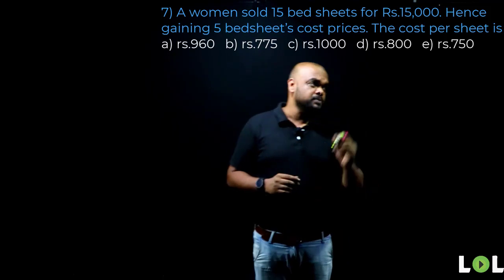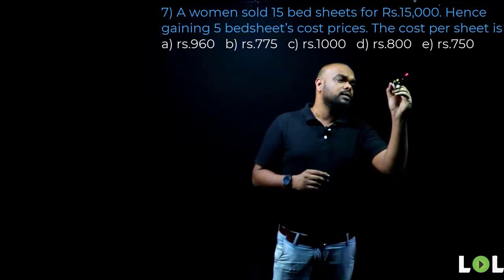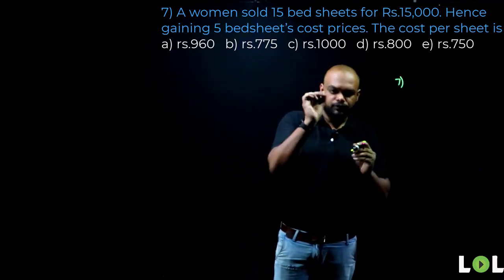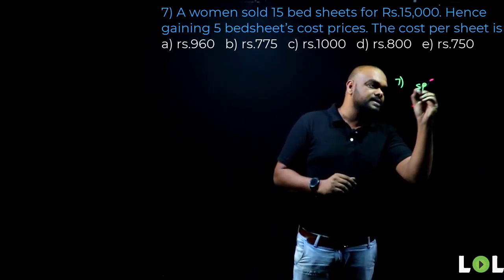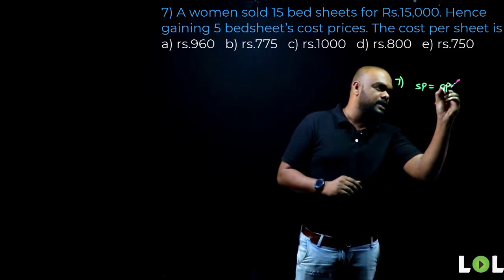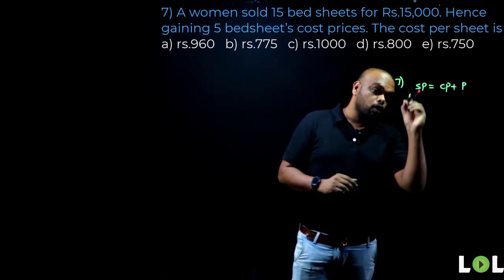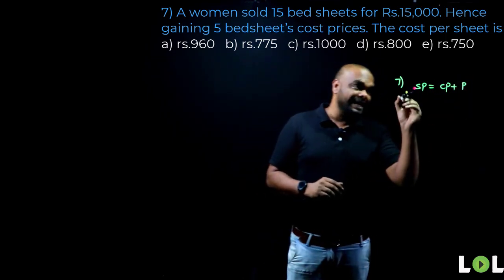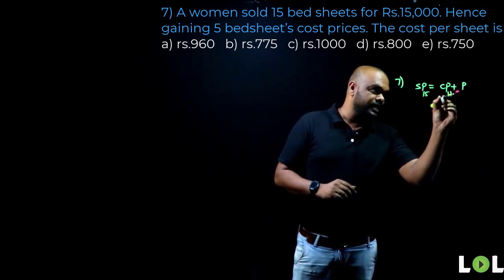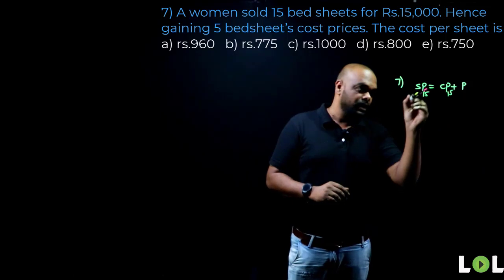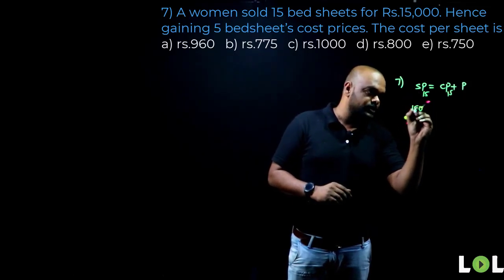Okay. Now observe. Look, a simple question but slightly confusing. Nothing much to worry. Observe. We know that selling price is equal to cost price plus profit. Now, according to this question, the selling price of 15 bed sheets is the cost price of 15 bed sheets and then profit. This is 15,000 rupees.